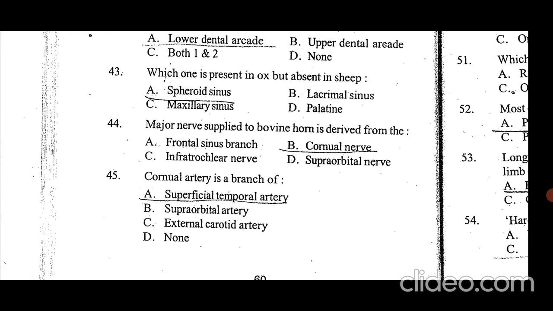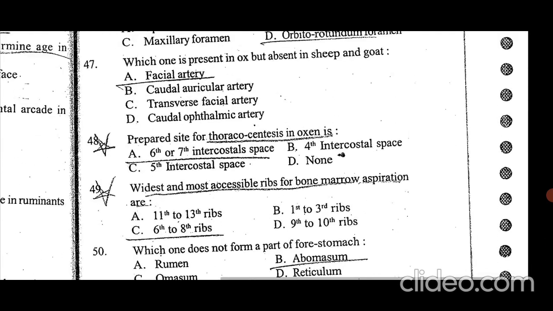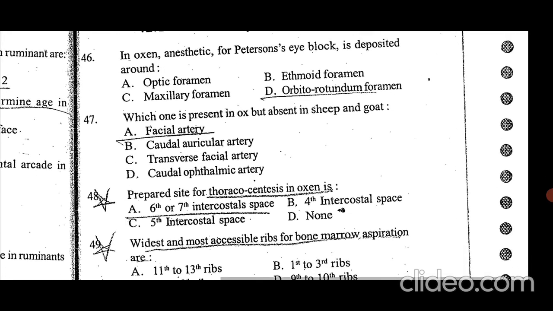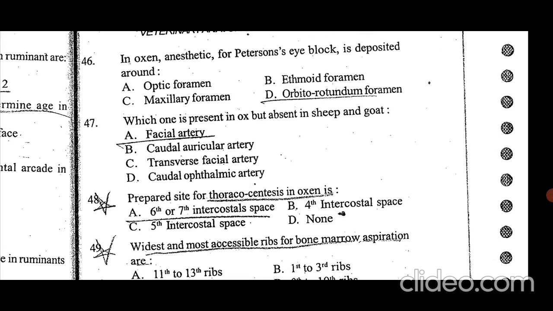So there are two differential points between ox and sheep: ox has the sphenoid sinus and the facial artery, whereas sheep have neither.